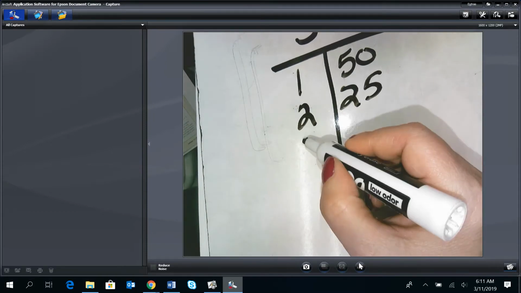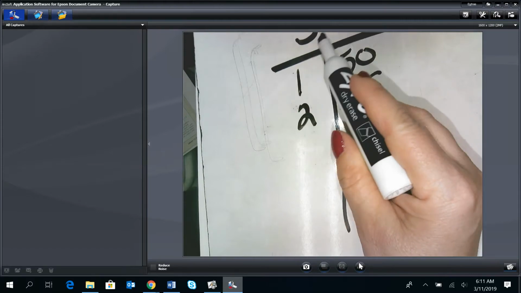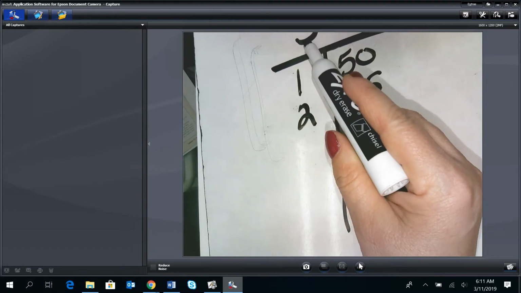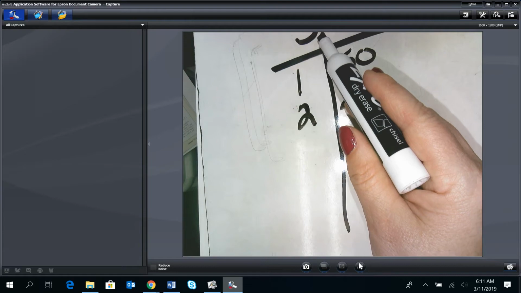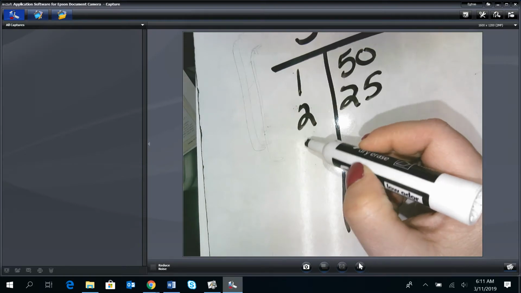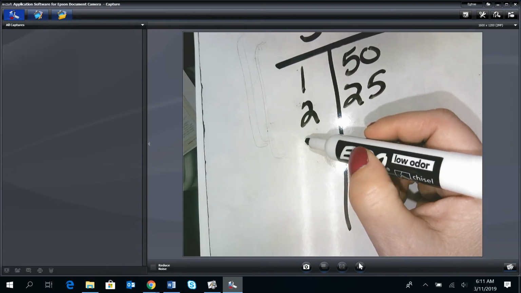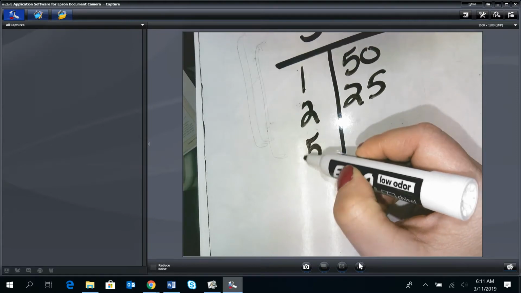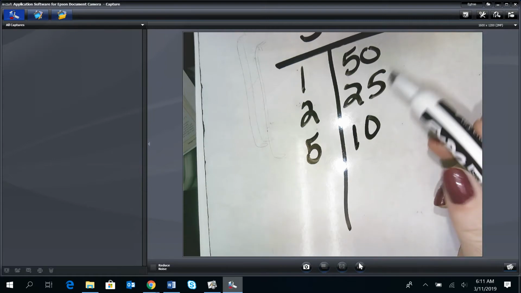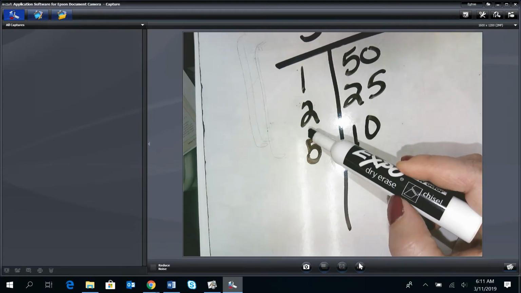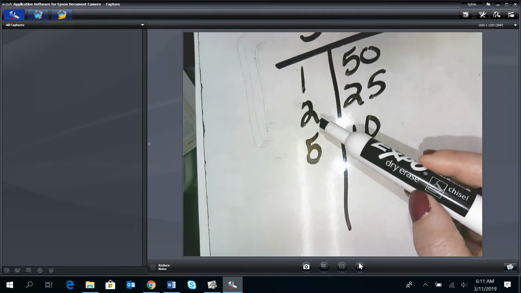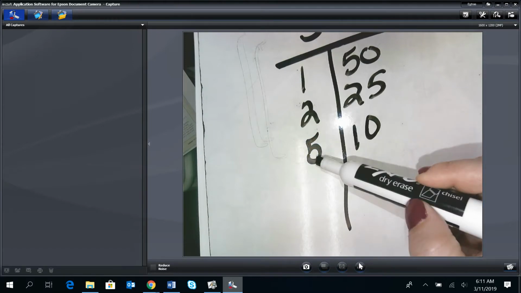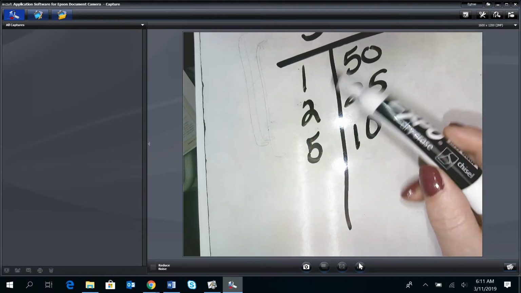Yeah. 3, no, because 3 can't go into 5 or can't be divided by 5. 4, no. 5, yes. 5 and 10. 6, no, because it's not 2 and 3. 7, no. 8, no.